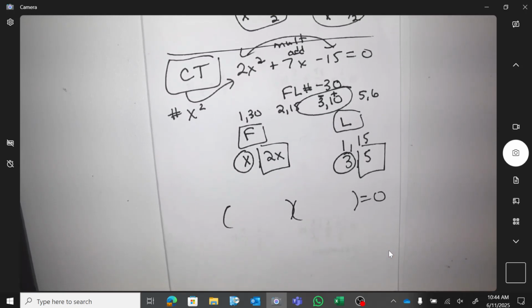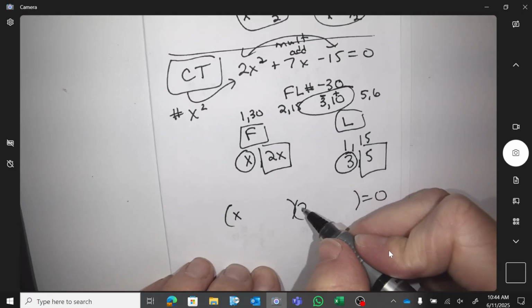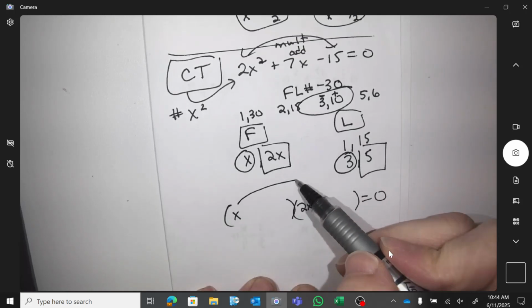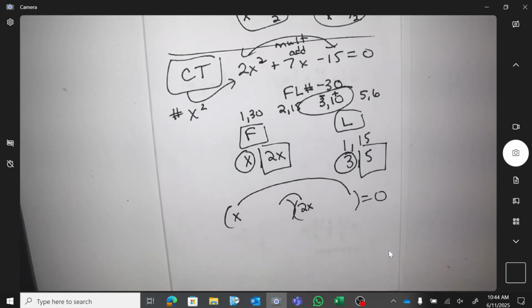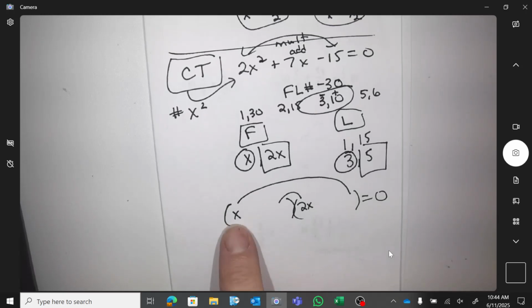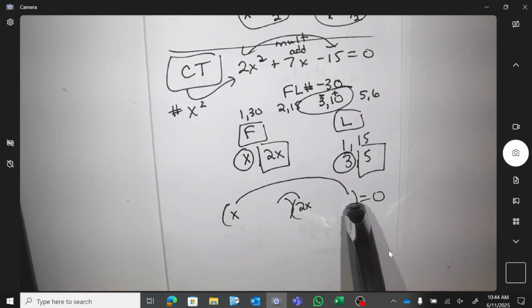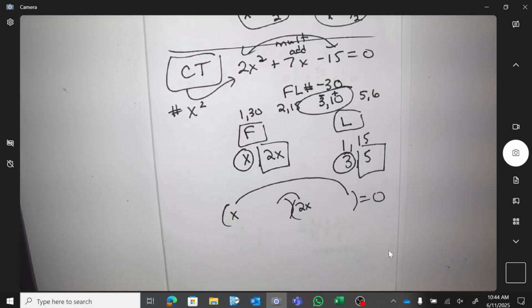Okay, so now I'm ready. I'm going to go first times first, x times 2x. And then I'm going to make my foil hooks. So this is just foiling backwards. My first times my first, I've already got done, taken care of. I need my O. This is my O and this is my I of my foil.